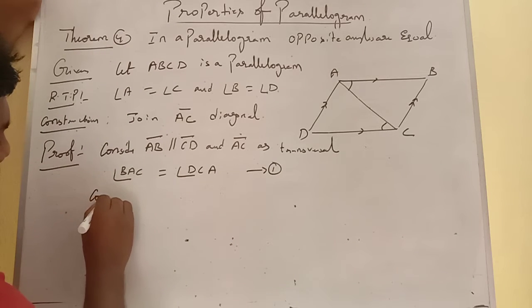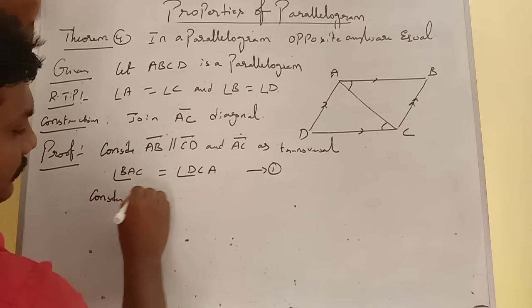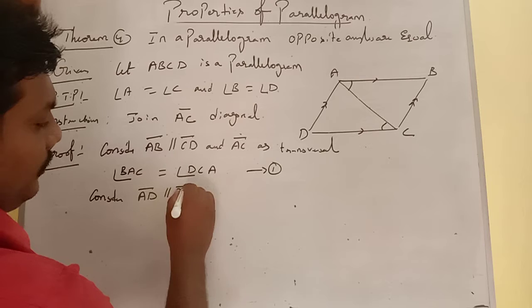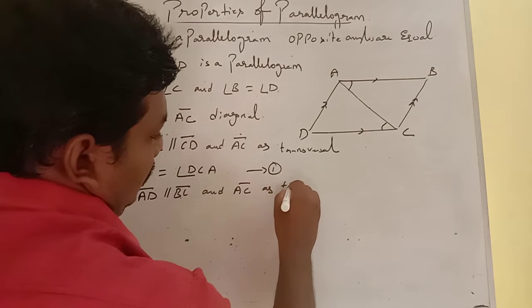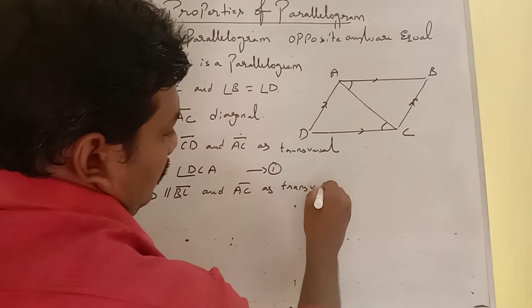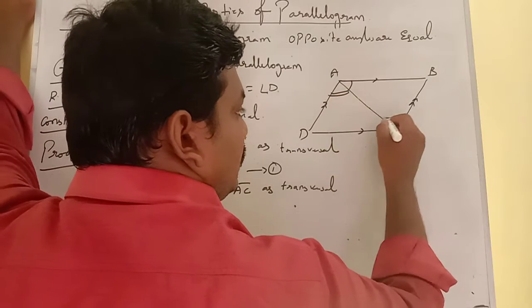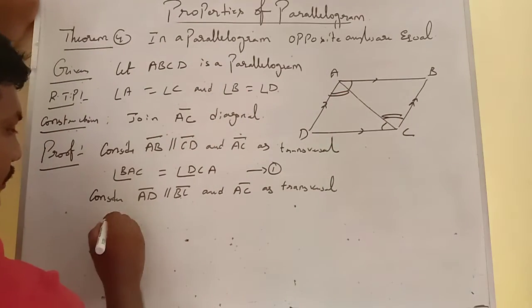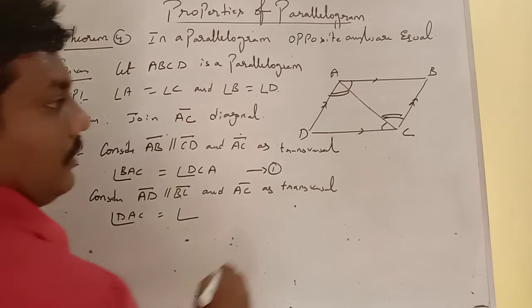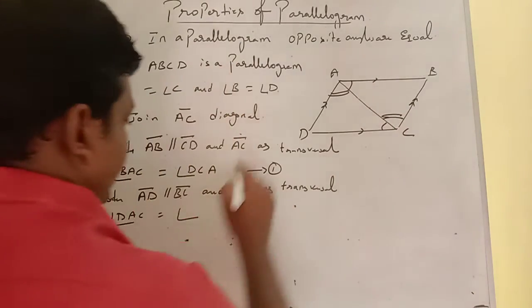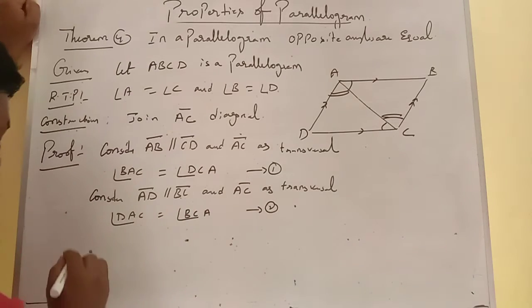Again, consider AD parallel to BC and AC as the transversal. Then this angle is equal to this angle, that is, angle DAC is equal to angle BCA. This is the second equation.